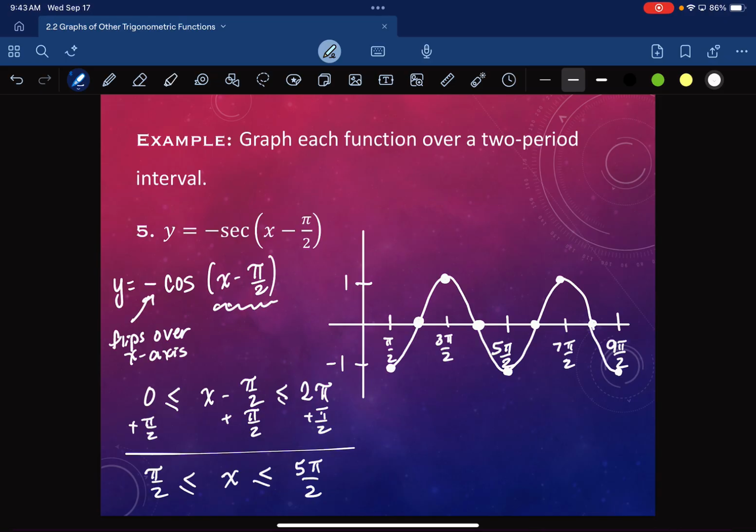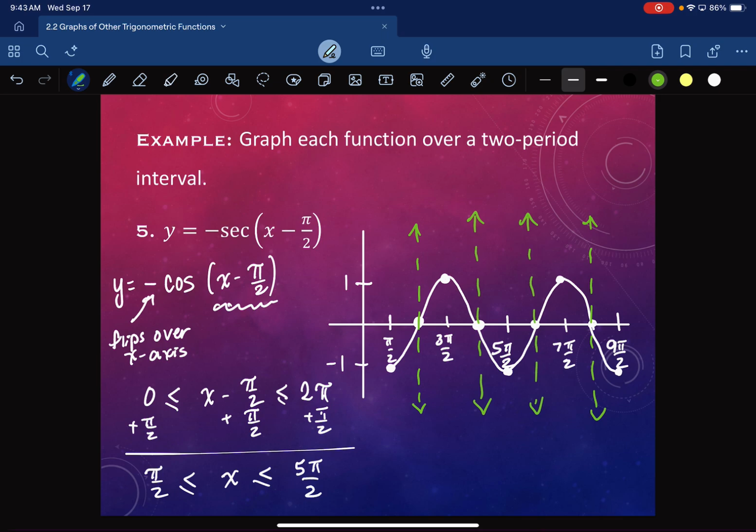Okay, if I draw my asymptotes in now, they're going to cut through right here and right here, this one, and this one.